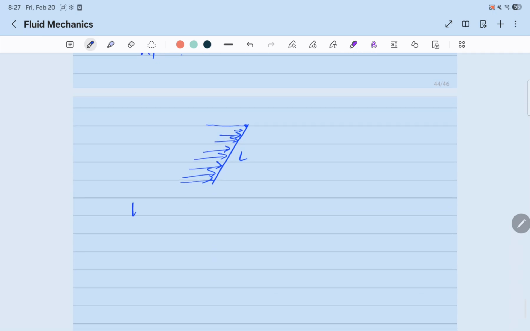So HP is 1/3 of H from the bottom, and from the top it is 2/3 of H.